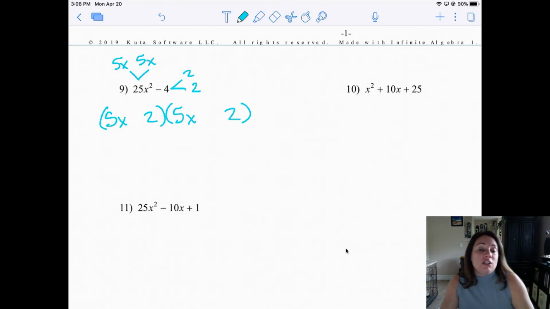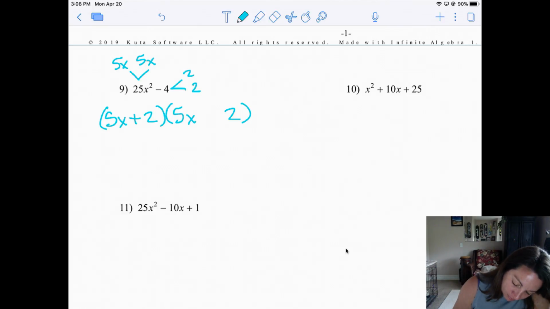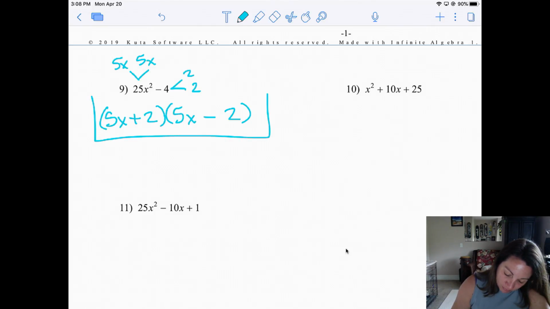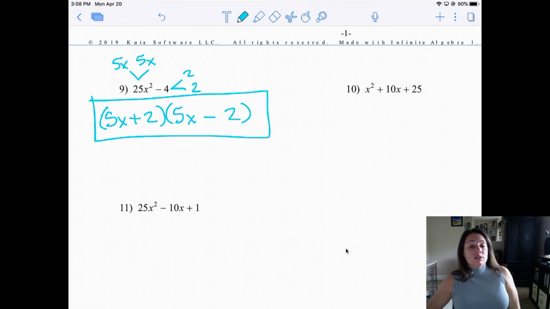And then here's how you handle the signs. One's positive, one's negative. And that's it. We're done. The terms inside the binomials are exactly the same. The difference is that one has a positive sign and one has a negative sign.